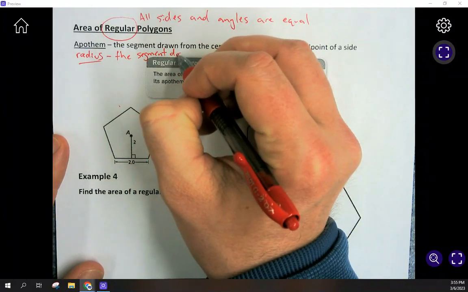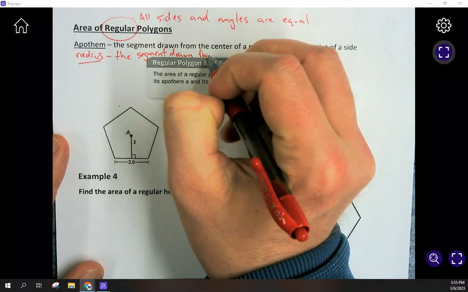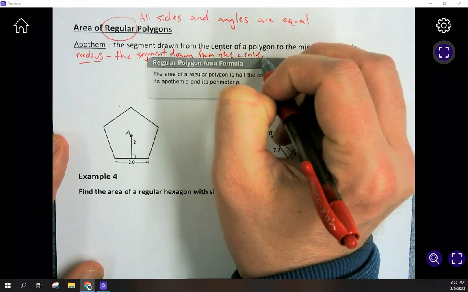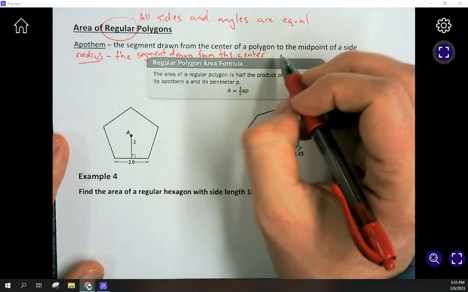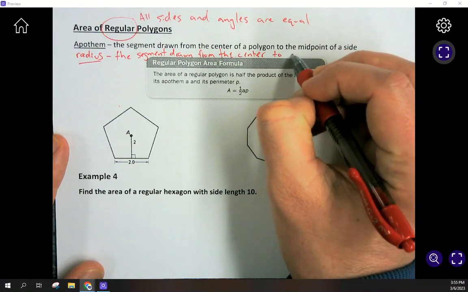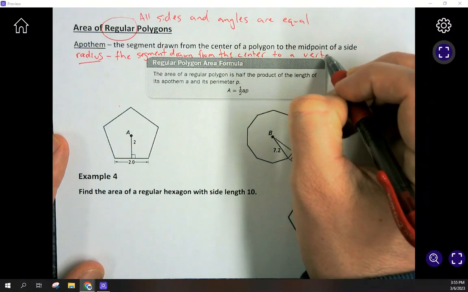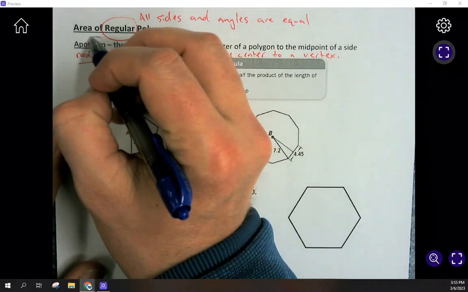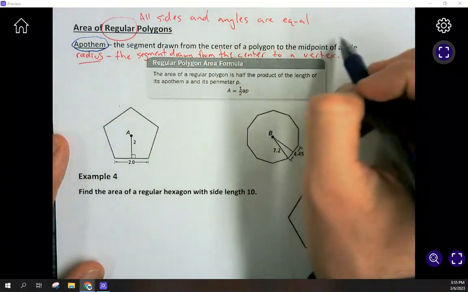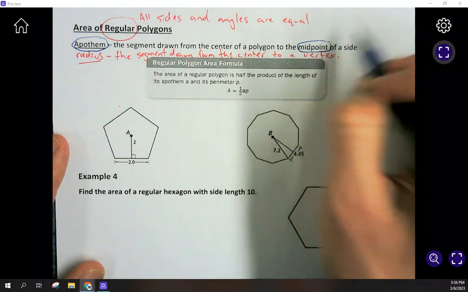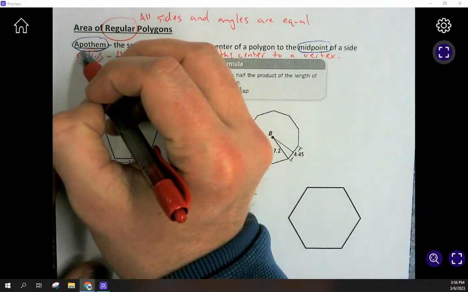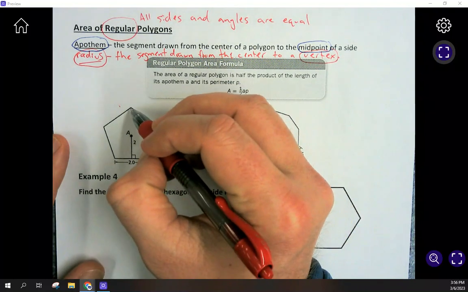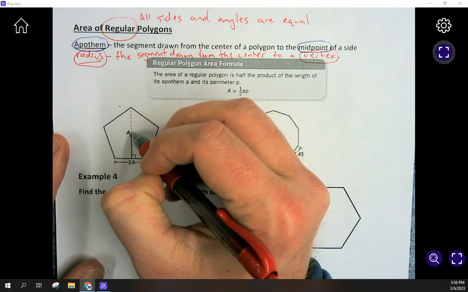It's the segment drawn from the center of a polygon to a vertex. Okay, so the apothem goes from the center to a midpoint. The radius goes from the center to a vertex. That would look like this.